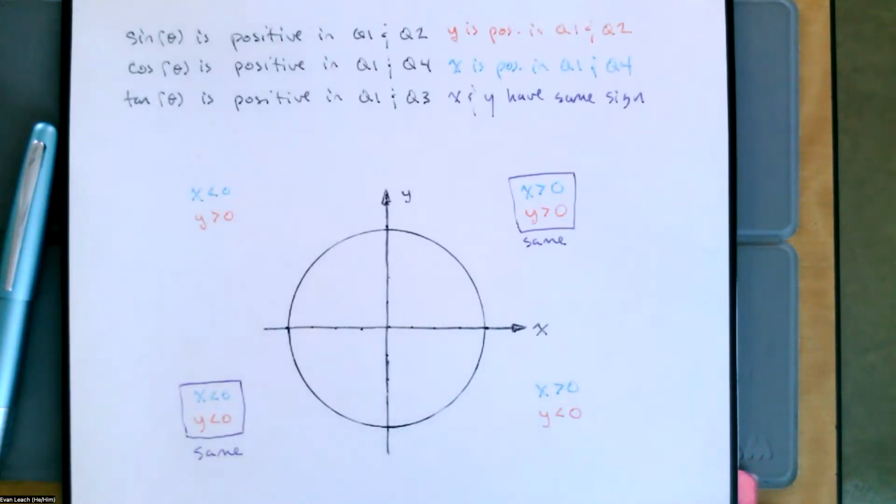So tangent is going to be positive when x and y have the same sign. This is a very popular observation, so well done.